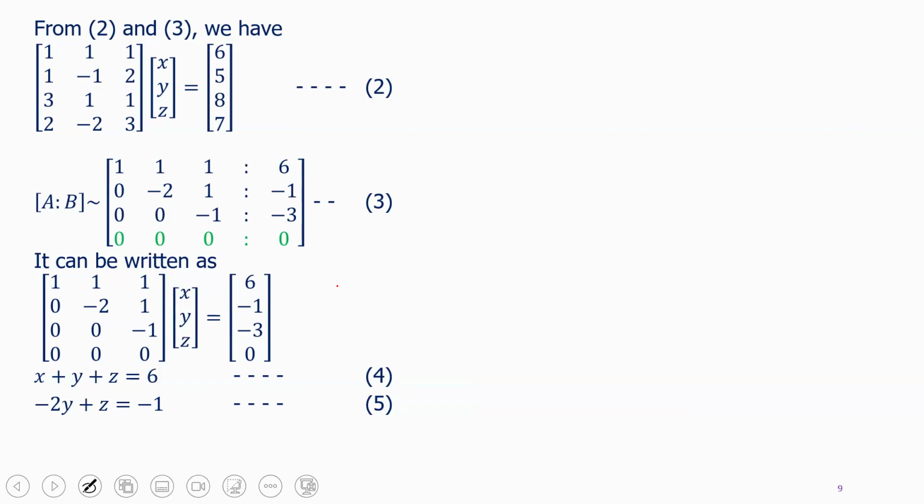And the third equation is -z equal to -3. So now we have three equations: equation number 4, equation number 5, and equation number 6. From equation number 6, it is very clear that z equal to 3.